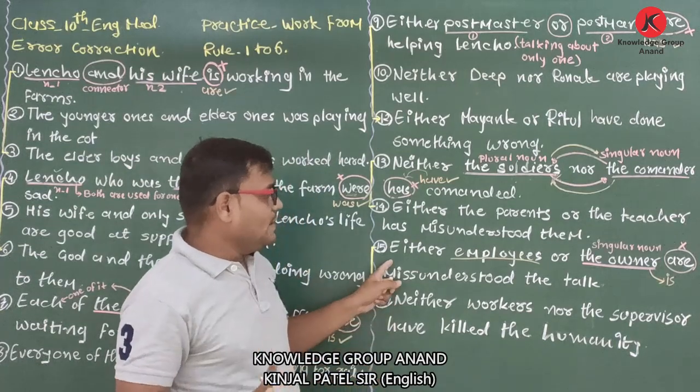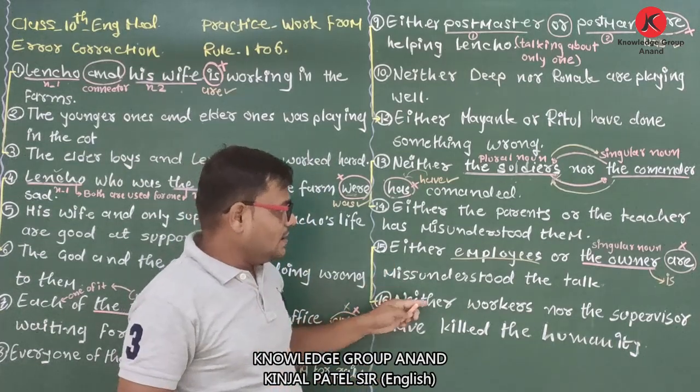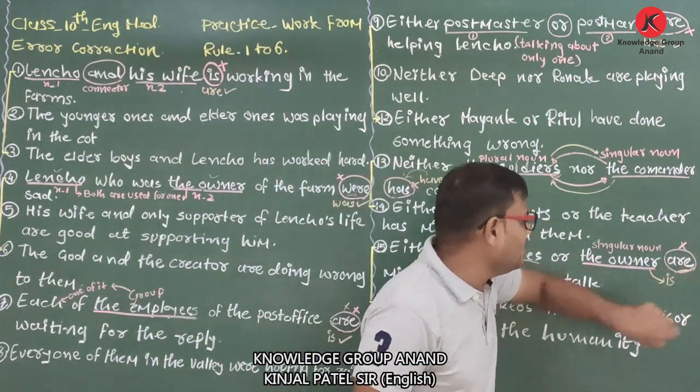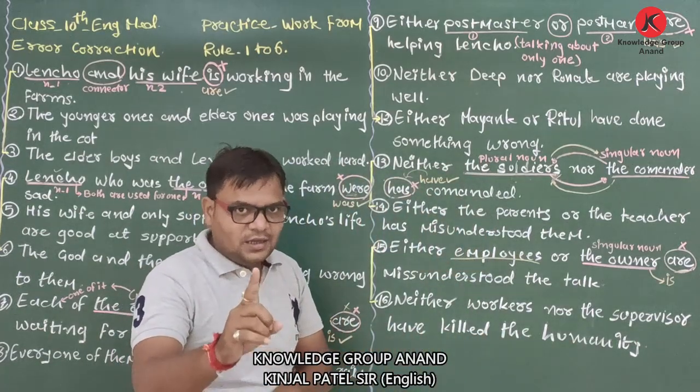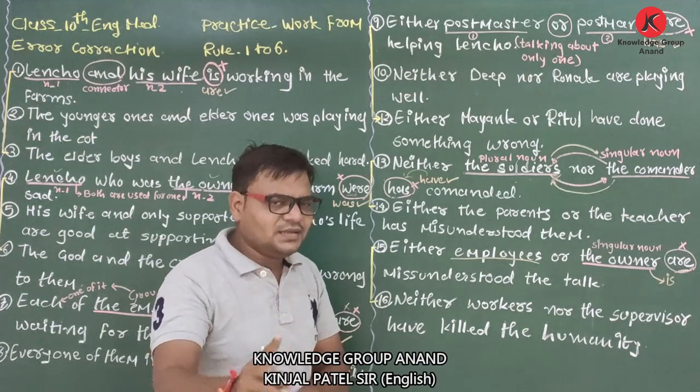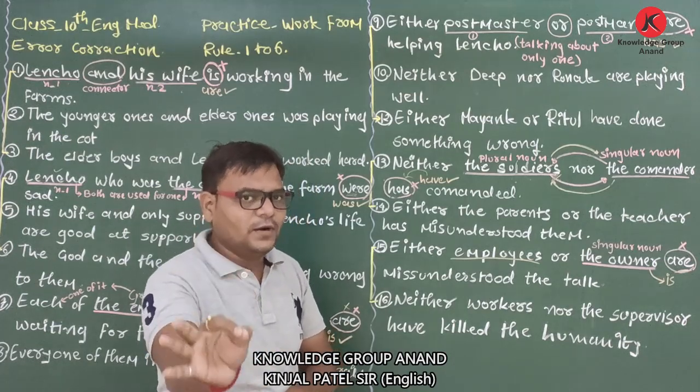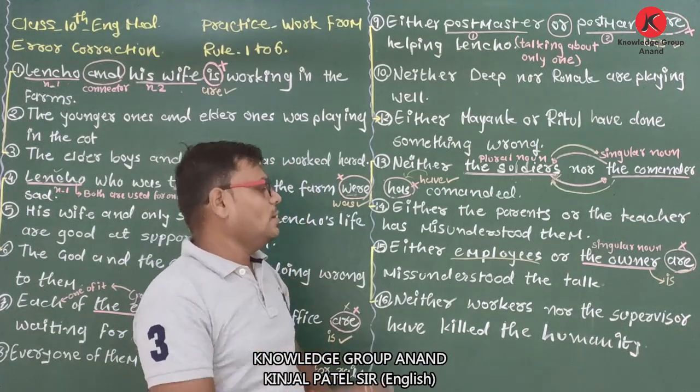If you are given the plural form of a verb over here, then you have to replace that plural form of a verb with the singular form of a verb.